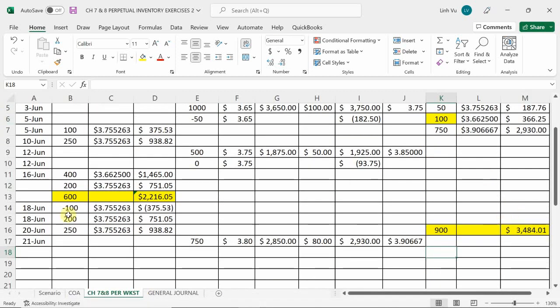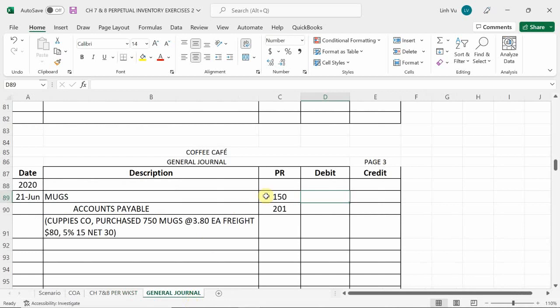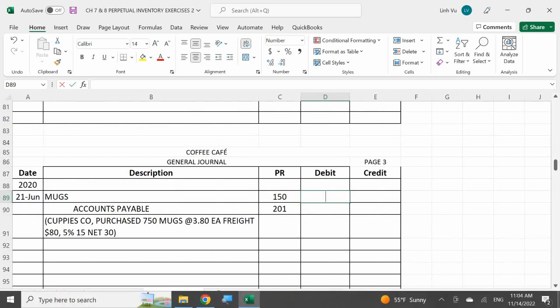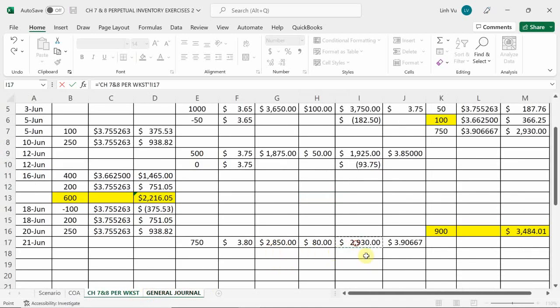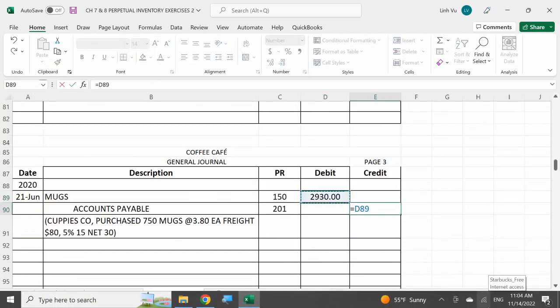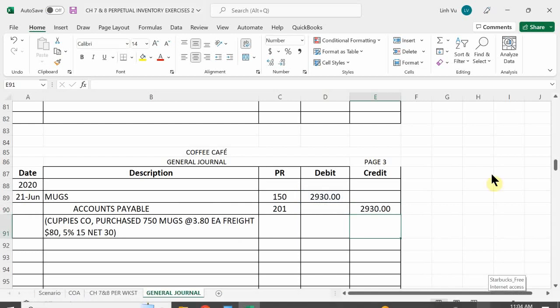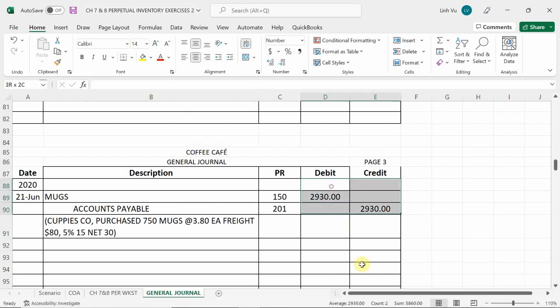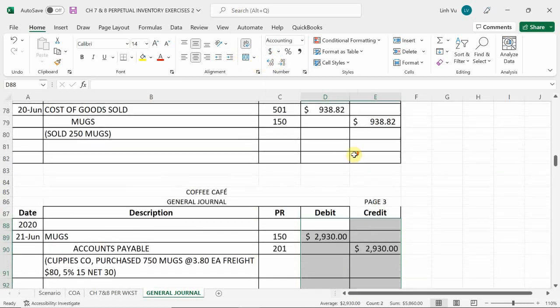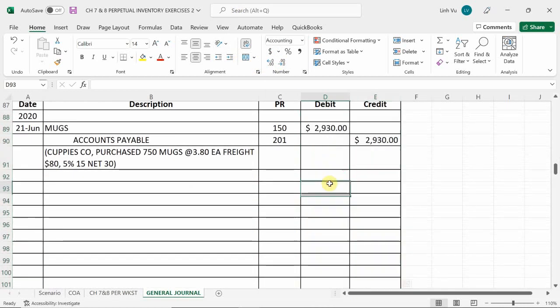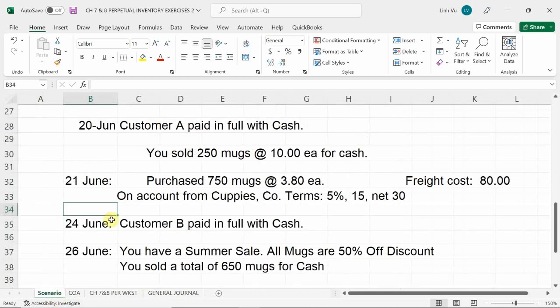So let's plug in my total of $2,930 for this purchase. Format my page. So there you go, I made my purchase of inventory right there.